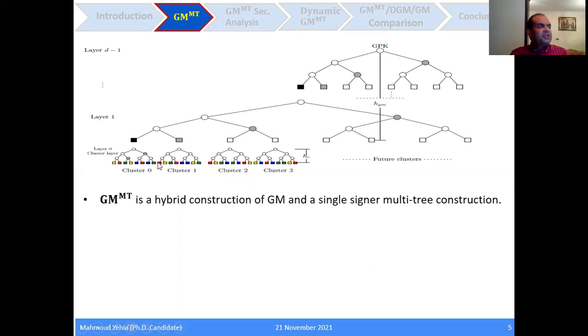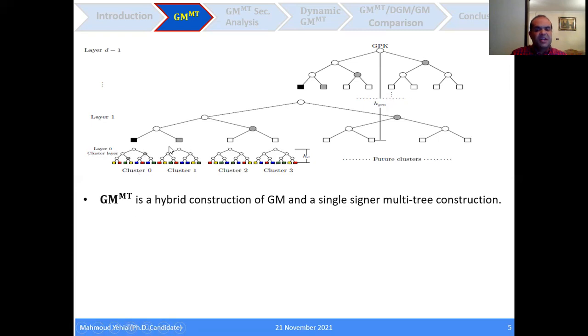Each group Merkle tree at layer 0, which is referred to as a cluster, contains a subset of one-time signing keys from all group members, while the multi-tree stateful hash-based signature scheme is used by the group manager to sign the cluster root.